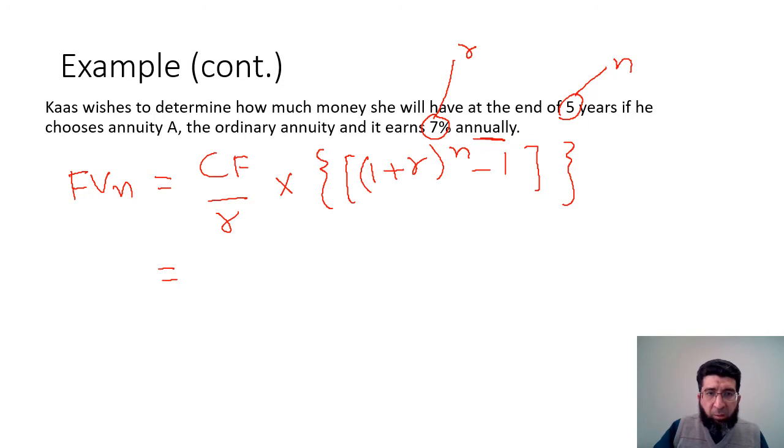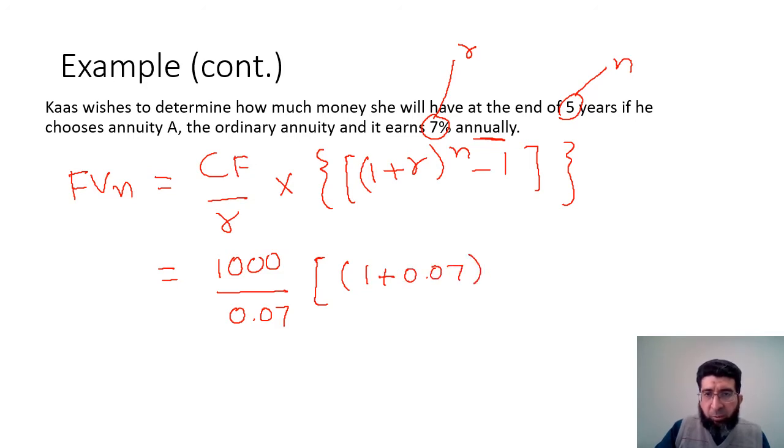It comes out to be 1000, which was the cash flow, and r is 7%, so we put 0.07, and then we have 1 plus 0.07 raised to power n, which is 5 years, and then minus 1, and we will get an answer of 5750.4.